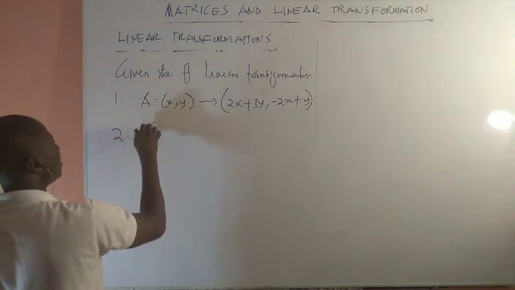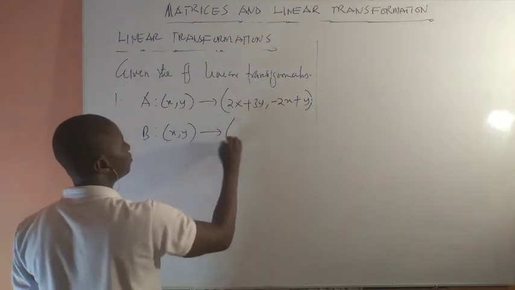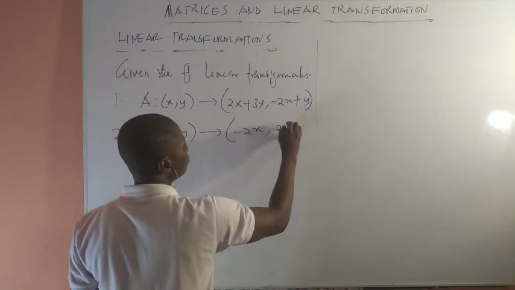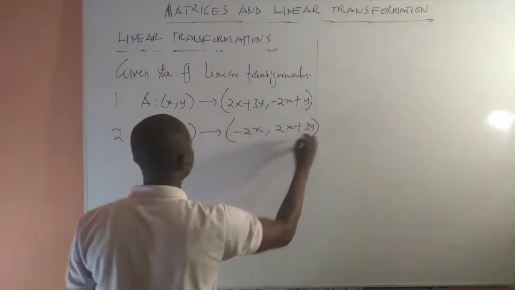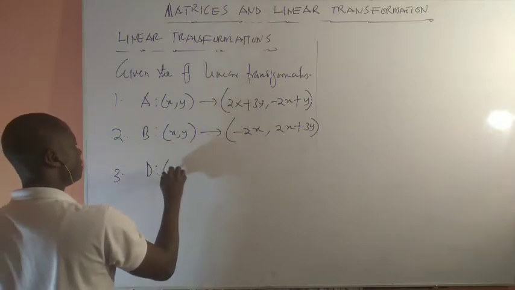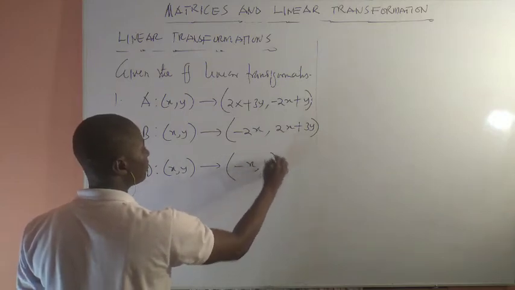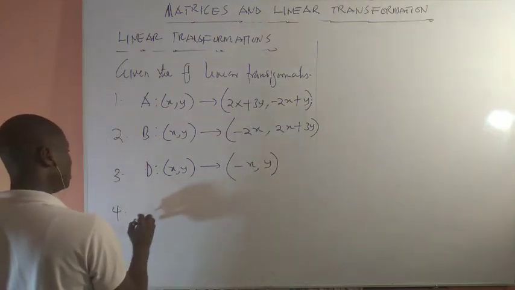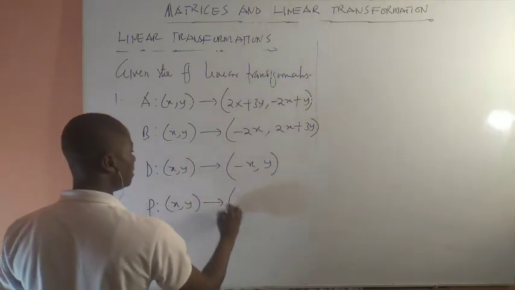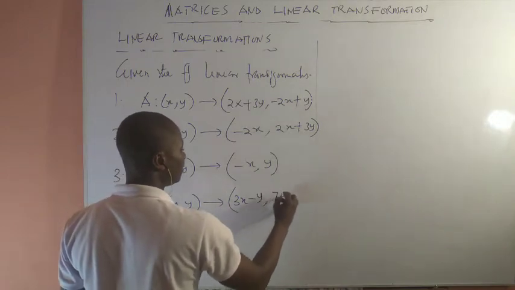The second one, we have B of x, y, and this maps to minus 2x, comma, then 2x plus 3y. Then we have the third one, D of x, y, and this maps to minus x, then y. And let's assume that you're also given P of x, y, and this maps to 3x minus y, then 7y.